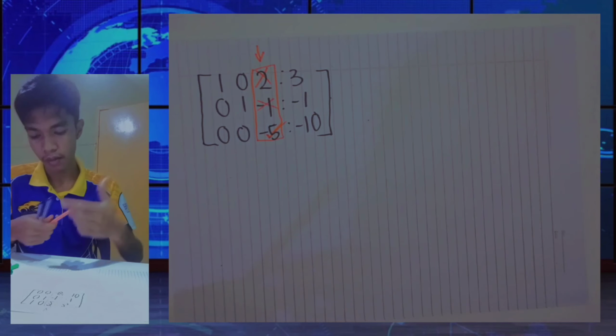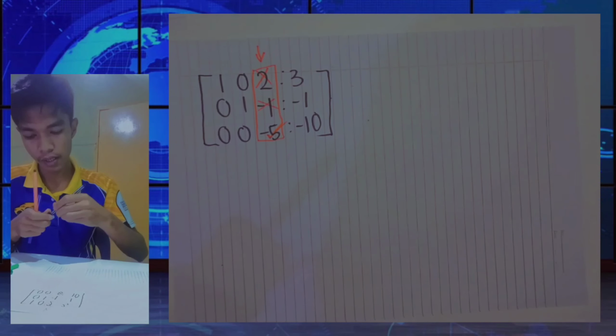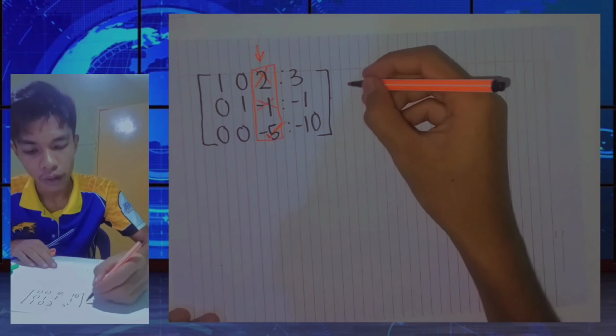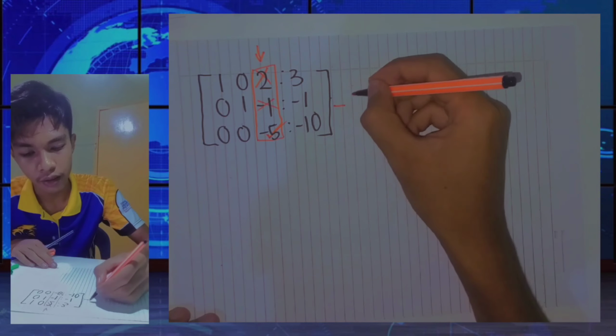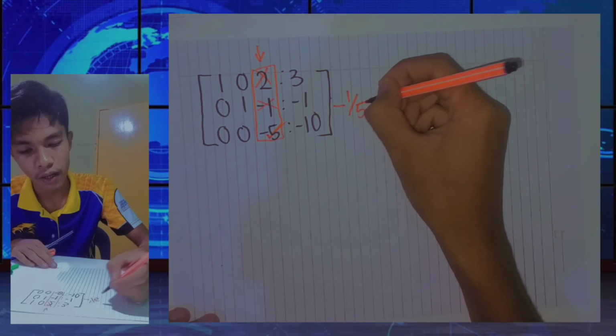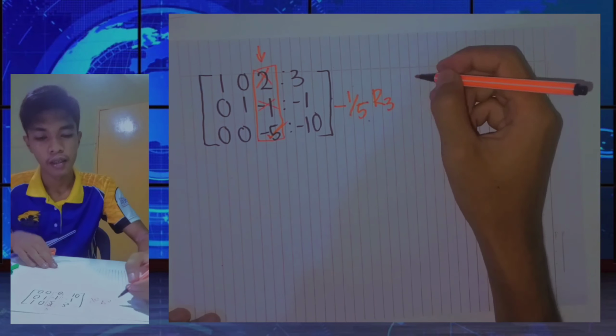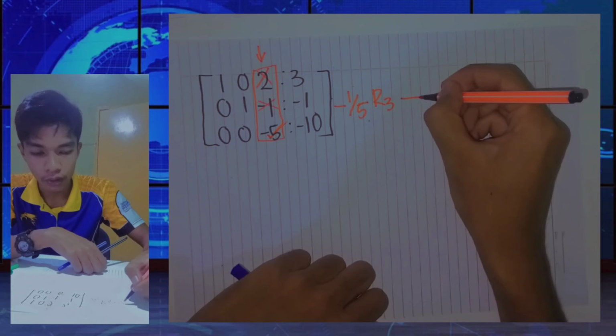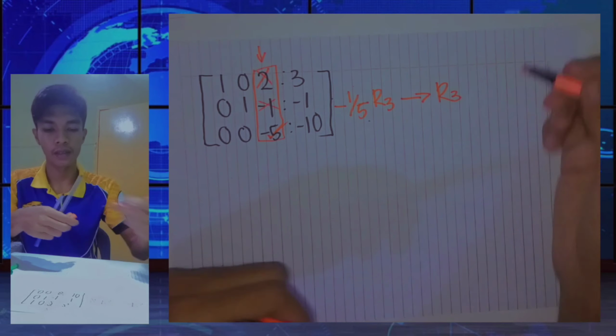To make it become a leading one, we need the operation, which is we multiply negative 1 over 5 by row 3 and put the answer in row 3.